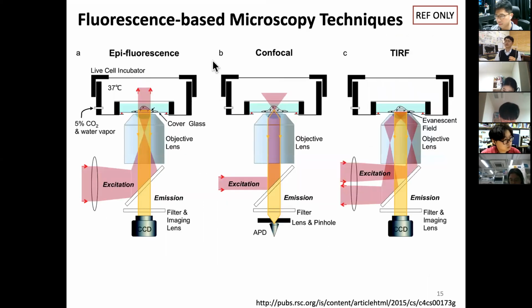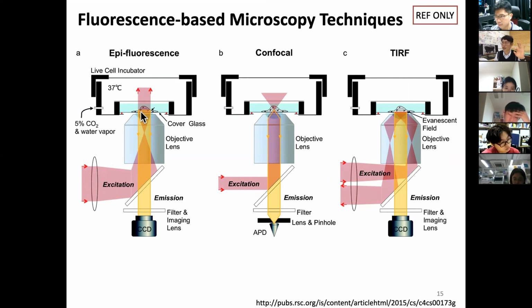Okay, so this I put as a reference, but I do ask you to at least try to understand this lab two. Excitation light, and then dichroic mirror and emission. Focus on the shape of the excitation light.